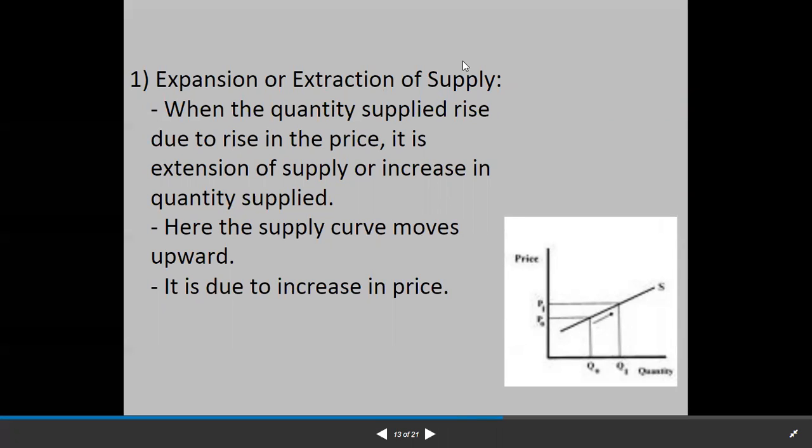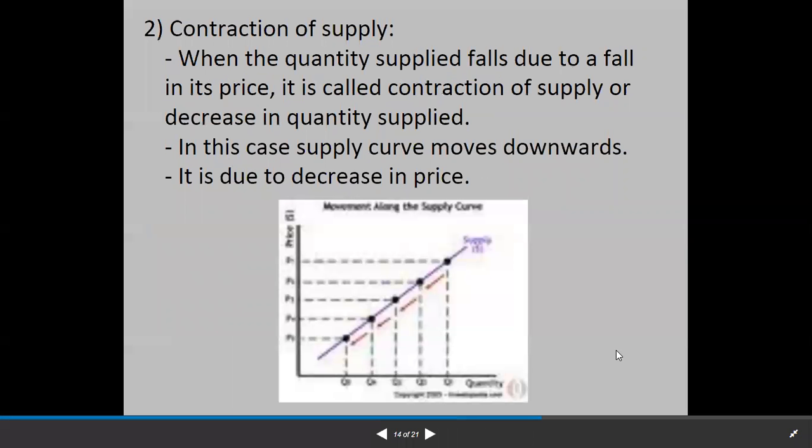So it is called expansion of supply, and the curve is always moving upward, because when the price increases from P0 to P1, the quantity also increases from Q0 to Q1. So this is the expansion of the supply.